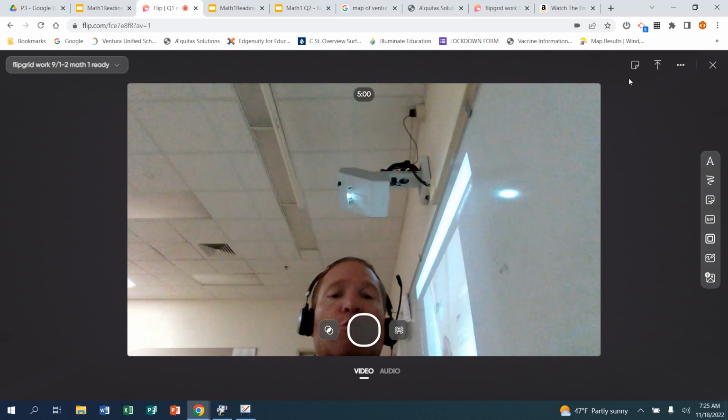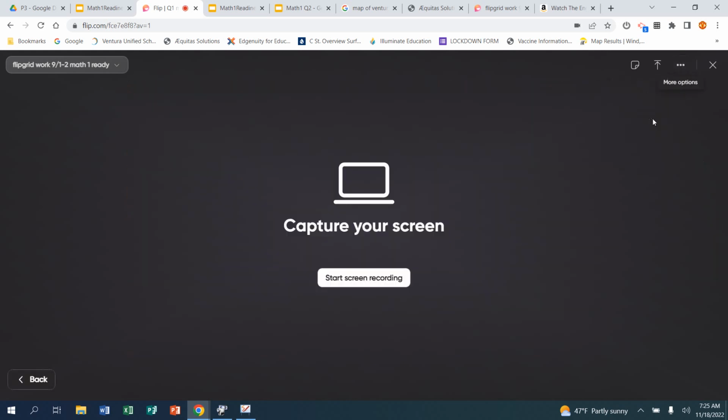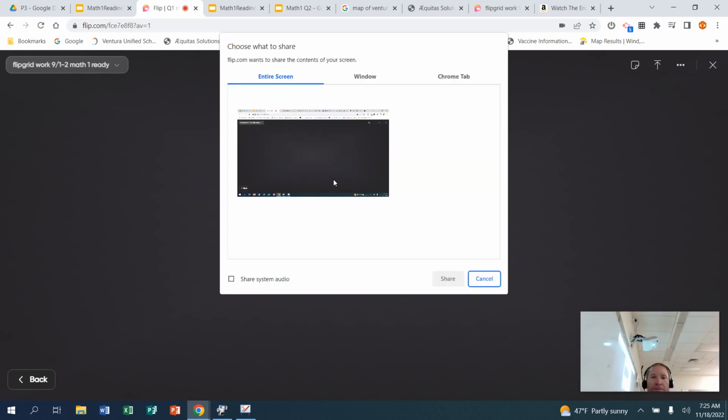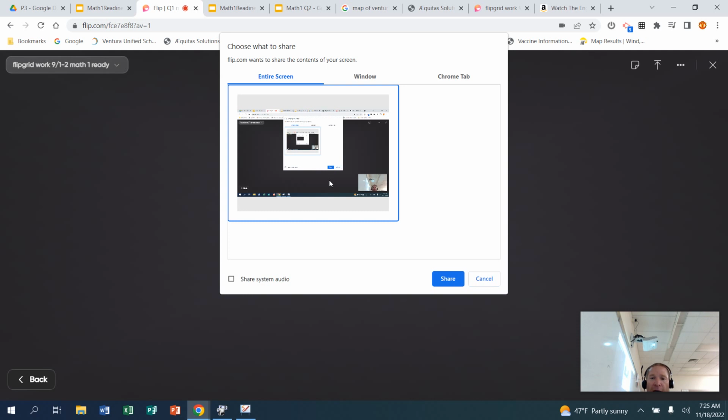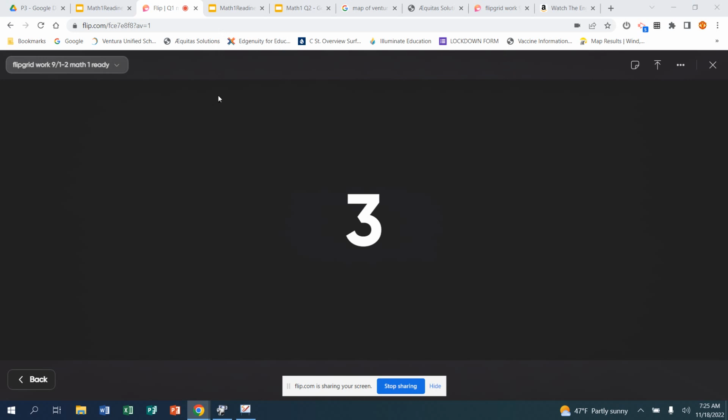And right here, you're not videoing your face, so you go up to the little top right. Then you hit start recording. Click on the entire screen. You could close this window so your face isn't showing. Hit share. It will count down.